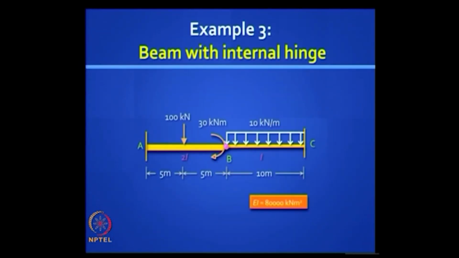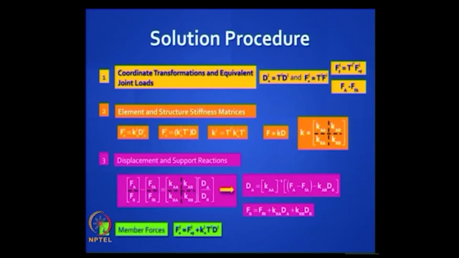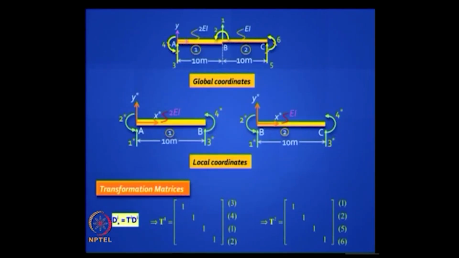Let us look at this problem quickly. Okay, we have done this problem earlier, now we just have an internal hinge there. The procedure is similar. Remember we did this earlier, I have just reproduced what we did. The only change we now need to make is that coordinate 2 has to be restrained, so put a slash on that.